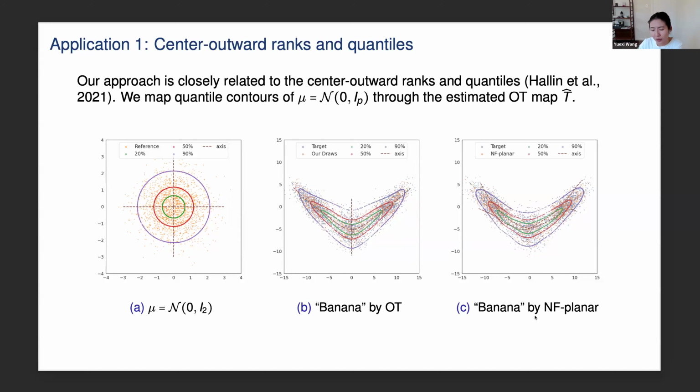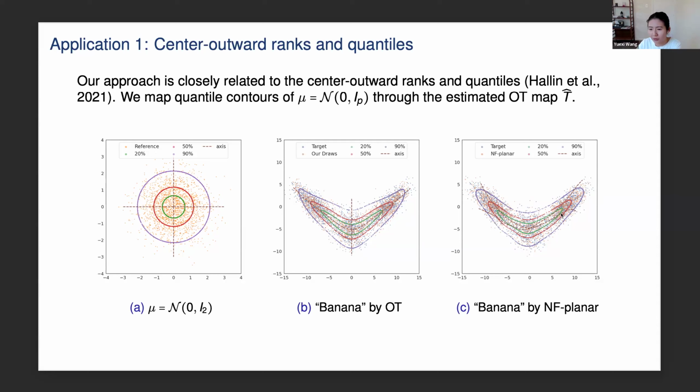We also have examples with another type of transport map method, the normalizing flow with a planar transformer. You can see here for the banana distribution, you can produce posterior samples that are similar to the true distribution.